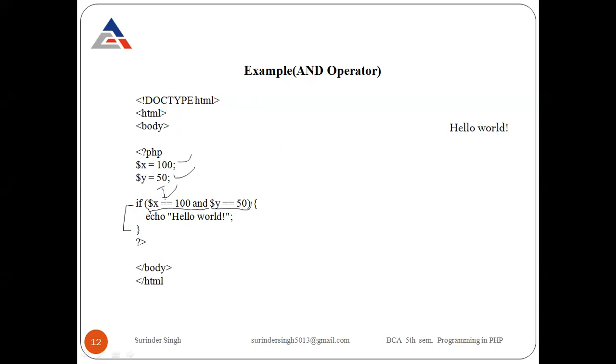Yes, it returns true because x has 100. And here we are checking y equal 50. This also returns true because y also has value 50. So true and true, both are true, so it returns true. The if will be executed and it will print the output hello world.